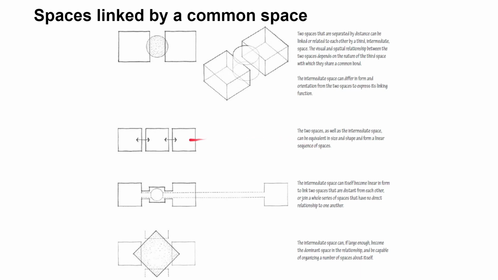I'll just pull out resources that maybe you'll be familiar with. So this is how we perceive cubicle spaces, and even condominiums. You have spaces equivalent in size and shape that form a linear sequence of spaces.